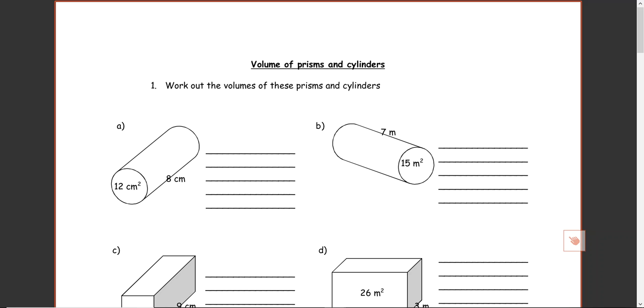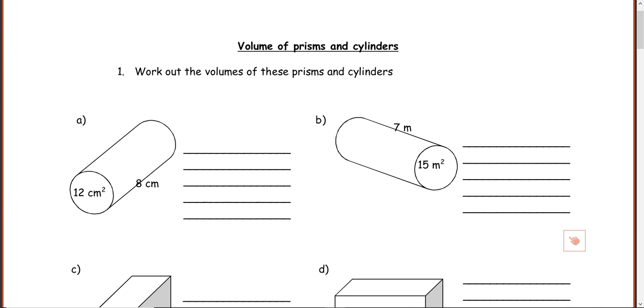Alright, so I think some of you are maybe thinking it's more complicated than it is. Okay? So the volume of a prism, I know Owen added this to his sheet.